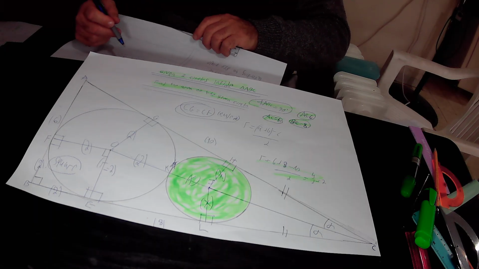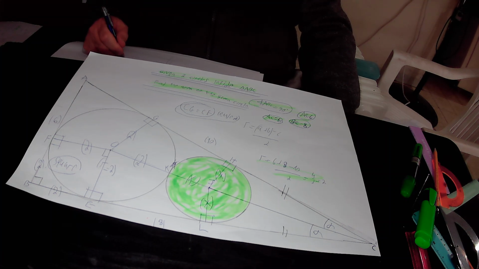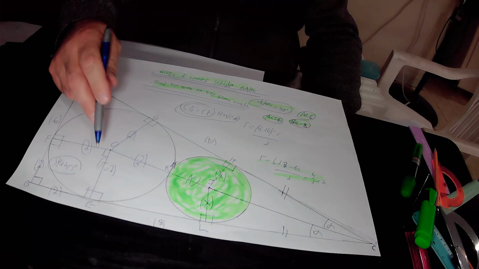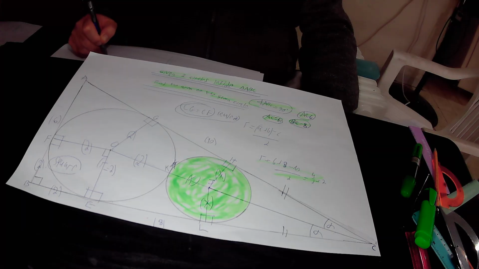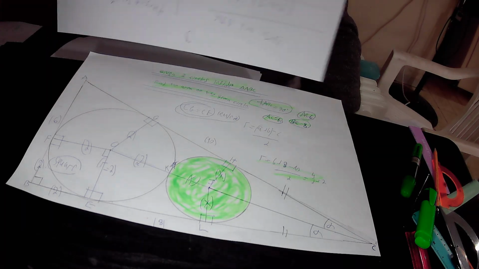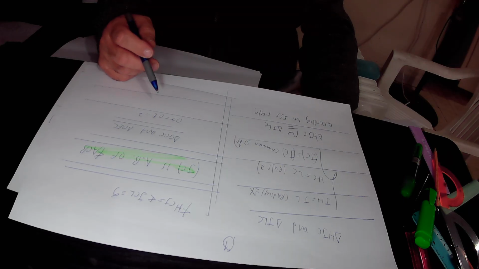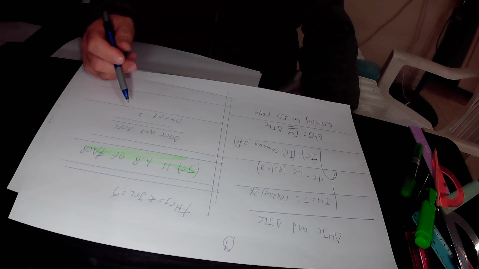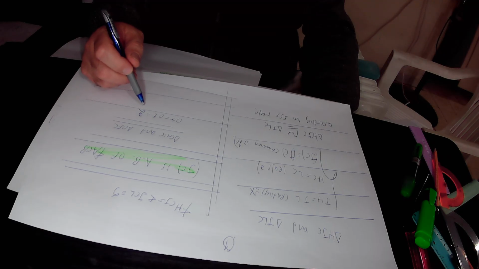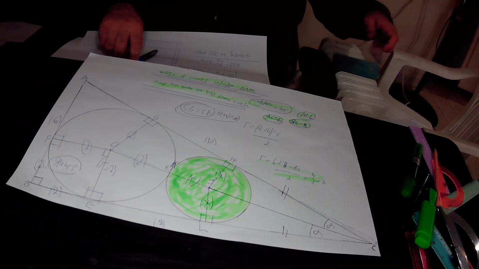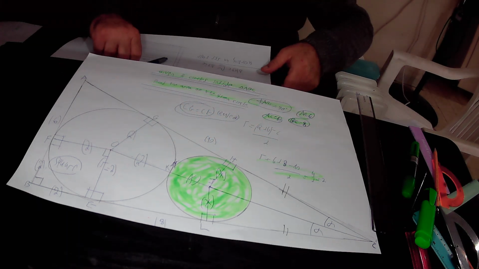Side OG of the upper right triangle OGC equals side OE of the right triangle OEC. We just found that CG equals CE, according to rule 2.